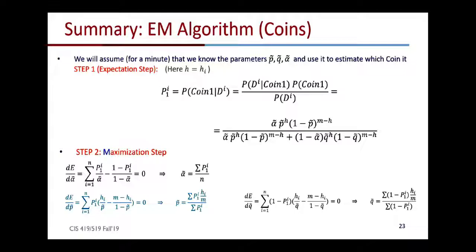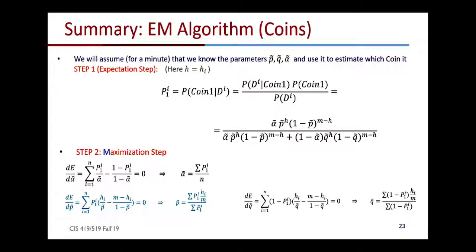Once we have these fractional labels, we computed the log likelihood. I don't write here the whole expression that we got for the expected log likelihood, but from this expression, when we differentiate relative to alpha, P and Q, we get these three estimates, which are our new parameters, and now we can iterate. That's the EM algorithm.